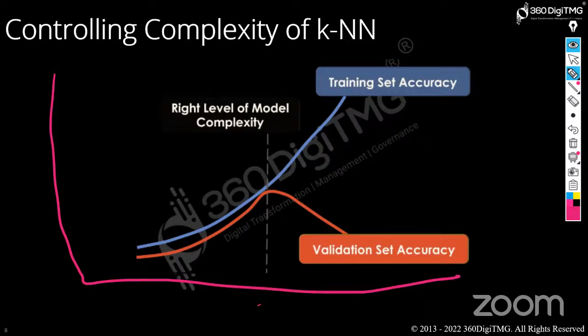Once you get to 21 and then 23, your training accuracy is increasing and your validation accuracy is decreasing. The training accuracy increases.